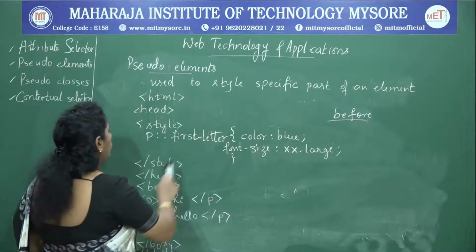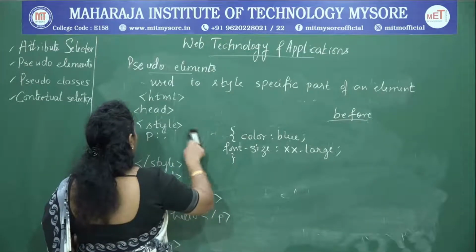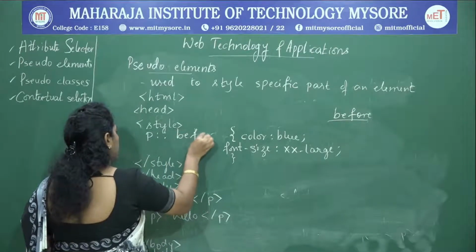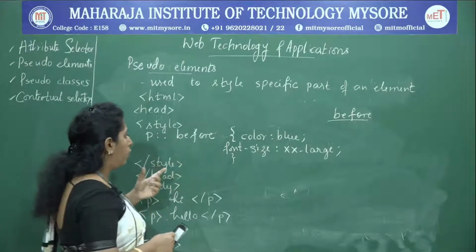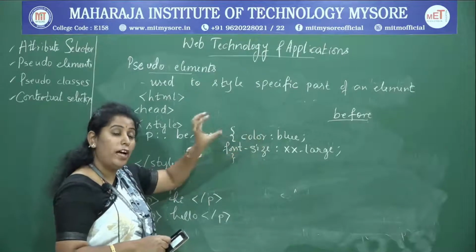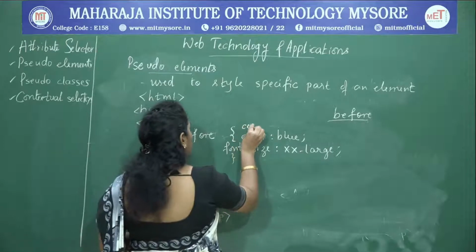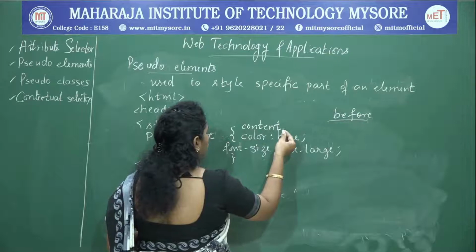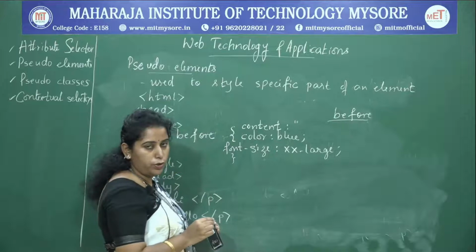Now what do I have to write here? Before is a pseudo element. In before, you always have to be careful: not only setting the style rules, you have to insert the content. So you have to take one more property called content, and whatever content you want, you can add it within double quotes.